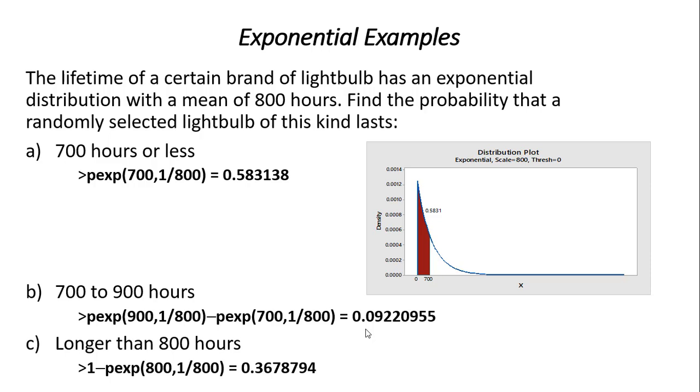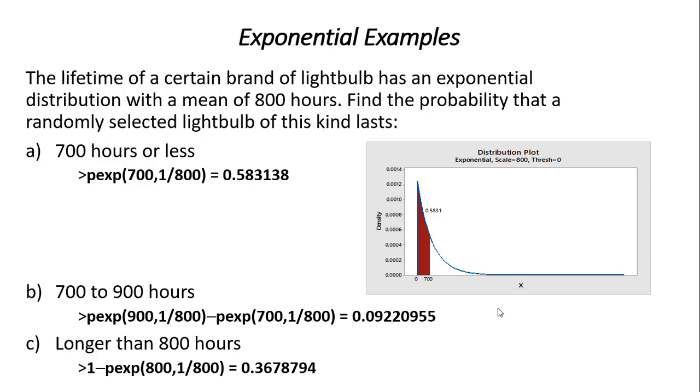One more variation on this. Let's say we wanted the probability the light bulb lasts longer than 800 hours. So now that would be a right-tailed probability, 800 being over here. That would be the area to the right of some value here, 800. So we convert that thinking in terms of the complement.